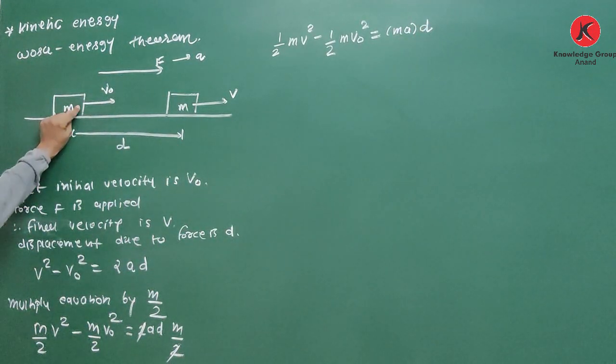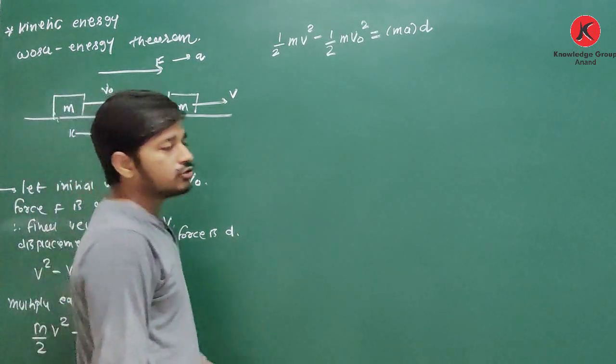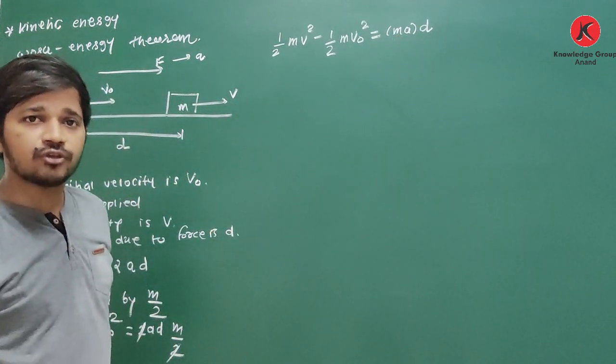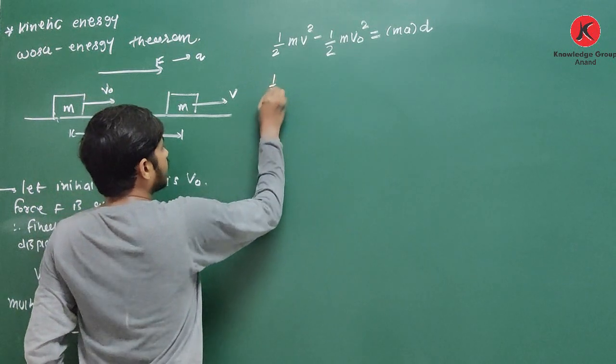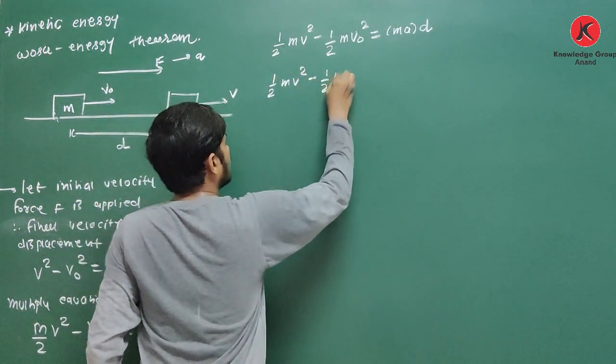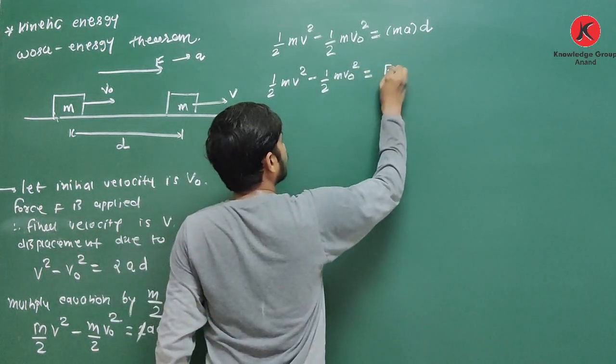What is the mass of the block? It is m. The force applied is F and due to that the acceleration produced is a. According to Newton's second law of motion, F is equal to m a. So half m v square minus half m v0 square is equal to F d.